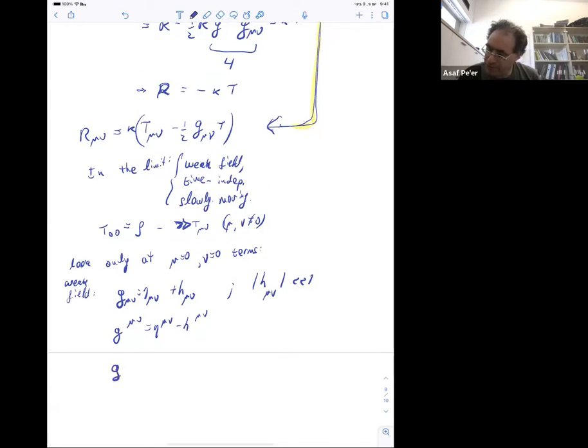So we have G00 is just minus 1 plus H00. G00 is minus 1 minus H. Sorry, 00 is lower indices. It should be the same with upper indices. It wouldn't matter. We can check it out.